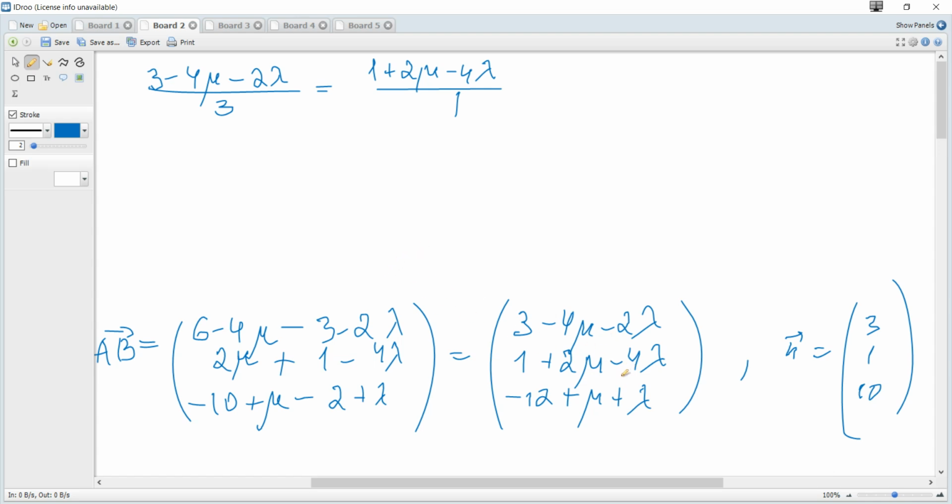So let's consider y over y and z over z: 1 plus 2 mu minus 4 lambda over 1 is equal to negative 12 plus mu plus lambda over 10.